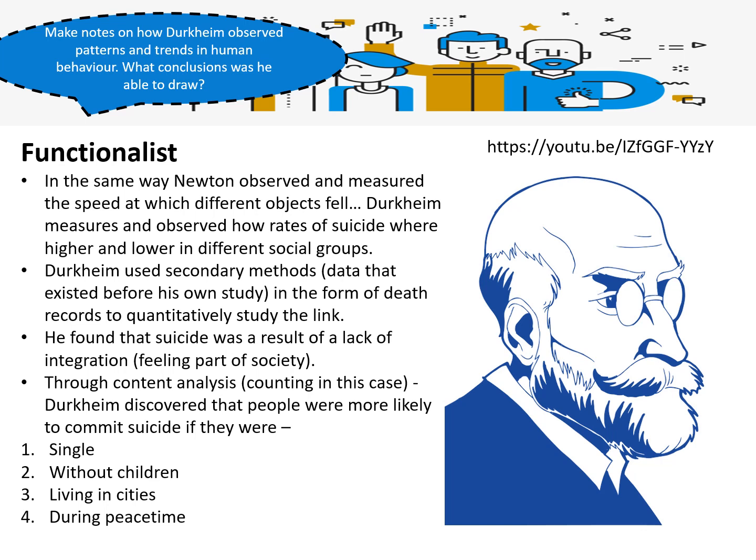It's quite a nice little clip that rounds up Durkheim in general, but he did a study of suicide, and what he did was he looked at this in a very scientific way by looking at death certificates and looking at the features of the people who died through suicide. So he was looking at suicide as a feature of society, and he was trying to look at it in a very scientific and objective way.